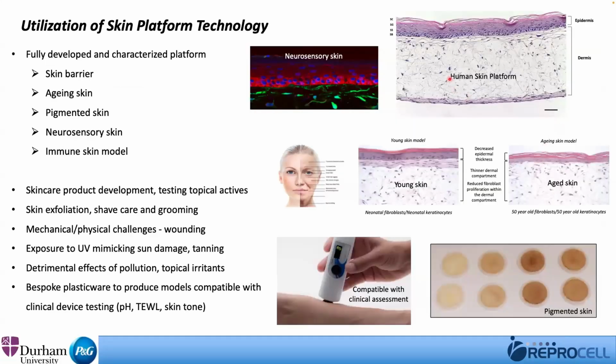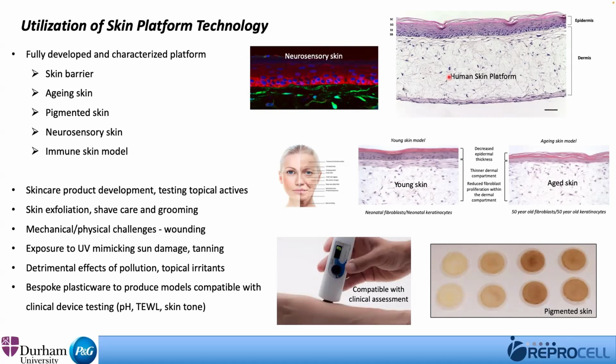So once we have this skin platform, we can then use it for lots of different applications, and we can enhance its complexity by introducing additional cell populations. We'll focus on examples such as pigmented skin, neurosensory and immune as well. So once we have this system, we can use it for a variety of different purposes.